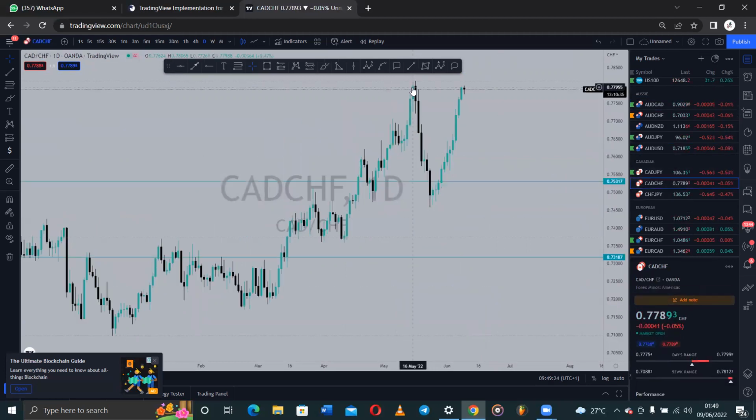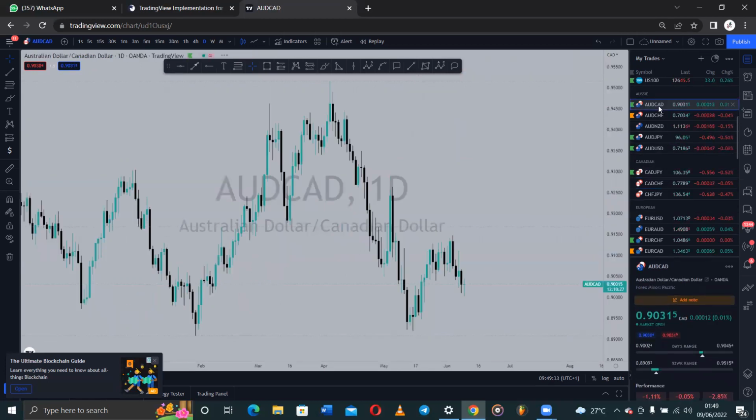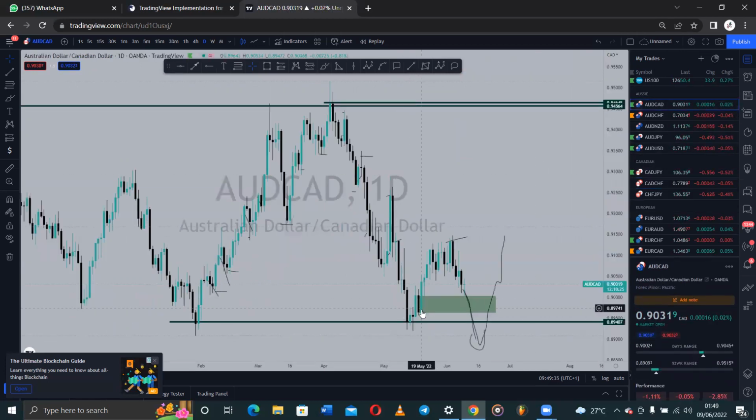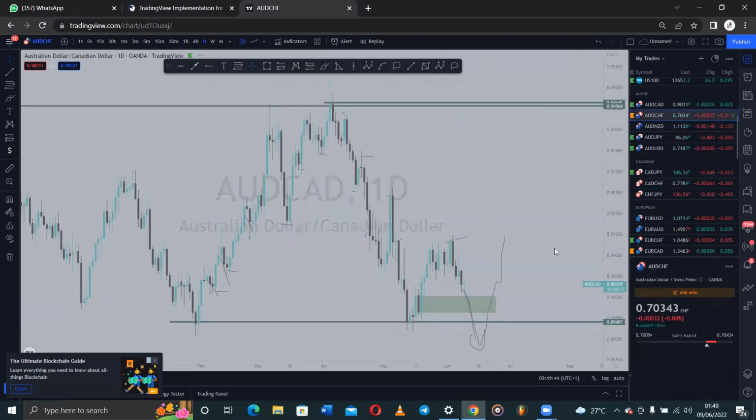On that particular day, CAD was very weak, and it was evident in the way CHF dragged. The CHF is not really a strong currency. Then on that same day, see what AUDCAD did. AUD did not even move against CAD very well in that particular zone. Then let us now see what AUDCHF did on that particular day.